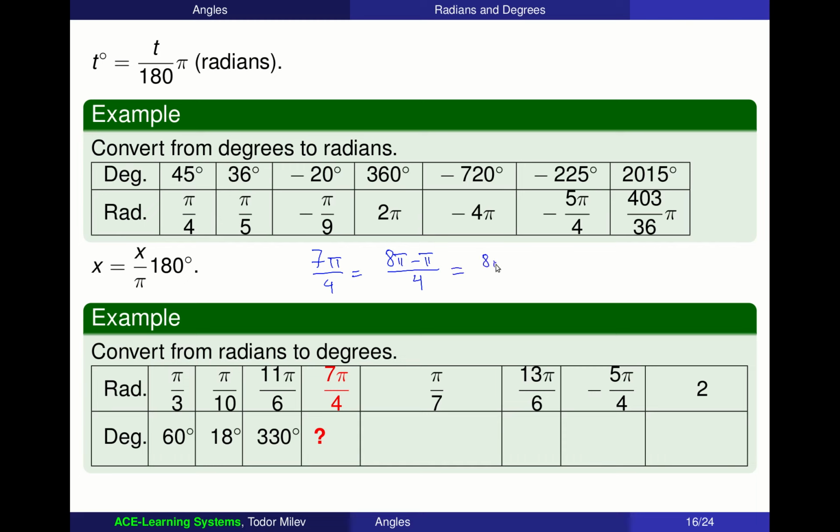So that is 8 pi over 4 minus pi over 4, which is 2 pi minus pi over 4. Now pi over 4, if you remember, was 45 degrees. And 2 pi was 360 degrees. So what we have is 360 degrees minus 45 degrees, which gives us 315 degrees.